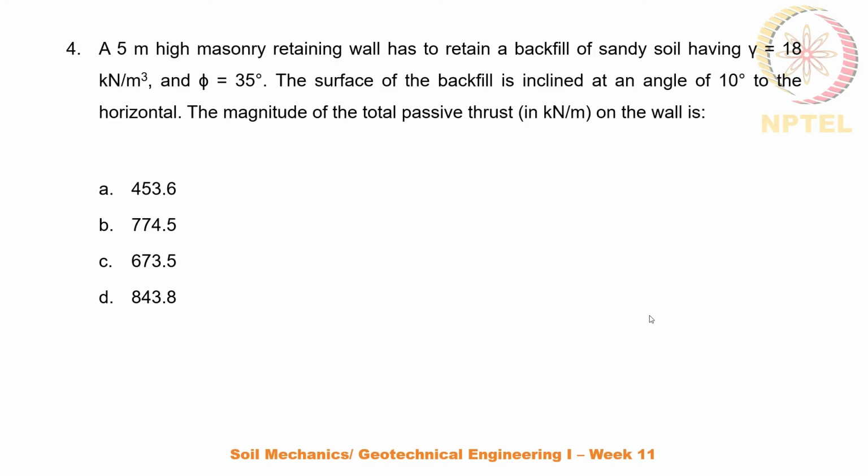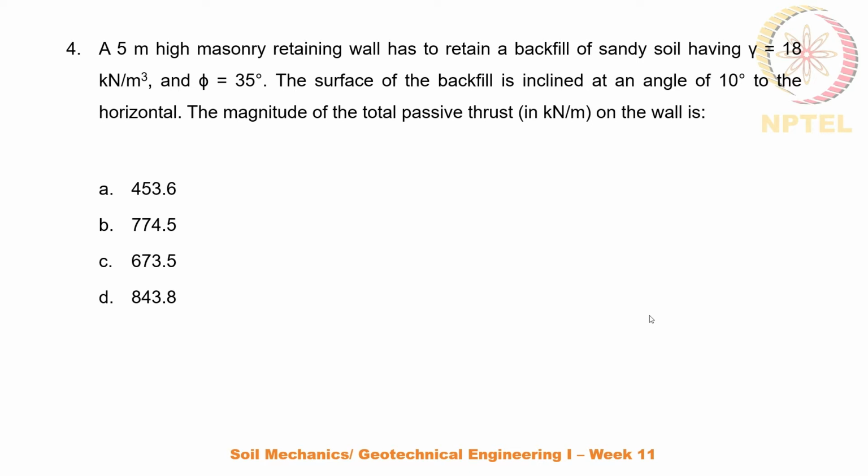That is our fourth question. A 5-meter high masonry retaining wall has to retain a backfill of sandy soil having gamma equal to 18 kilonewton per meter cube and phi equal to 35 degree. The surface of the backfill is inclined at an angle of 10 degree to the horizontal. The magnitude of total passive thrust on the wall is. So here the backfill is sandy soil.